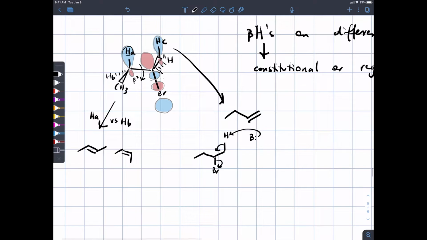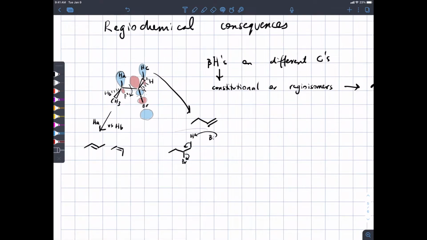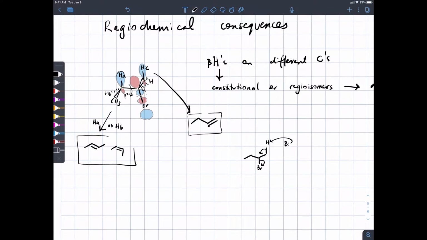The relationship between the molecule here and the molecules here, these groups are regioisomers. They differ in the connectivity, in the location of carbon-hydrogen bonds, and in the location of the double bond. All right, these two are diastereomers.